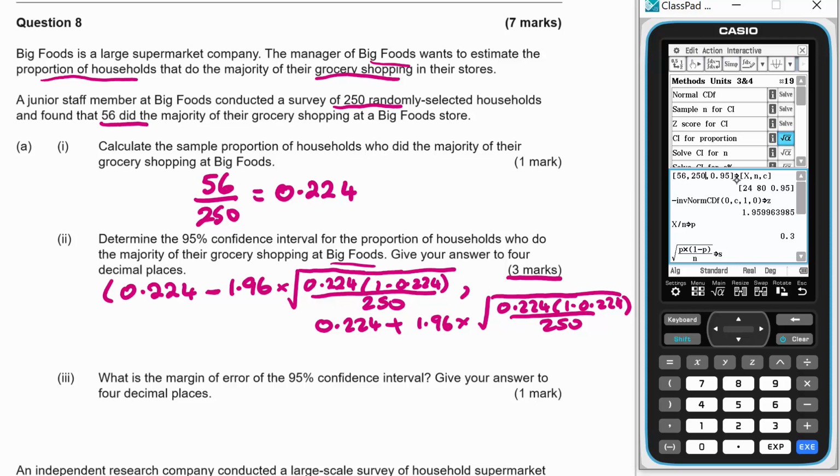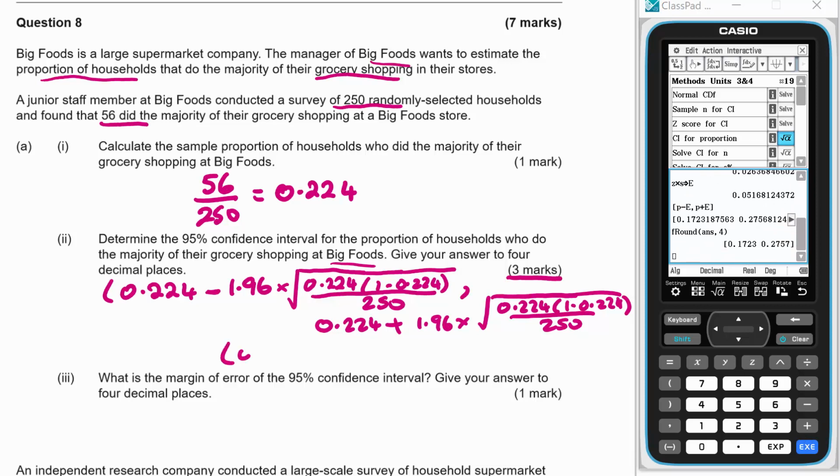And the 0.95 is the confidence interval. So that is correct. So I'm just going to execute on that. And maybe I'll just go to decimal and redo that. 0.1723 and 0.2757.